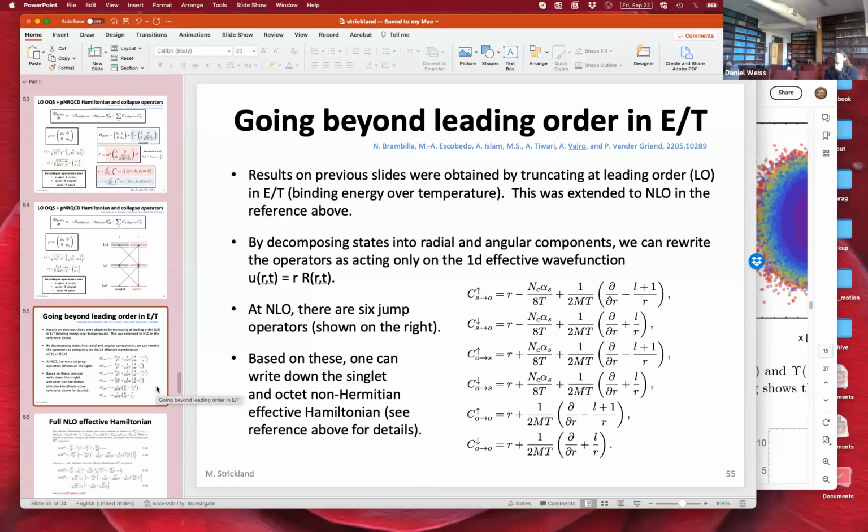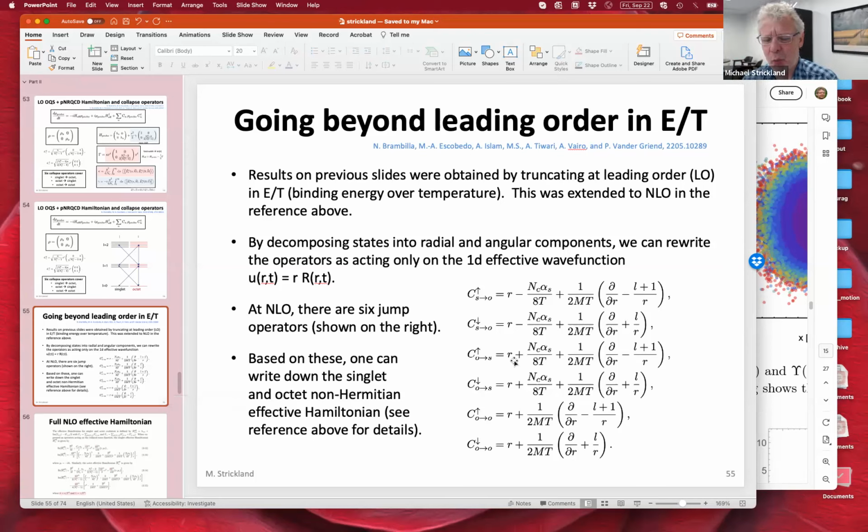Then you might have another cause for optimism. If you have an argument that at the next order you don't expect something qualitatively new to happen, do you have any?